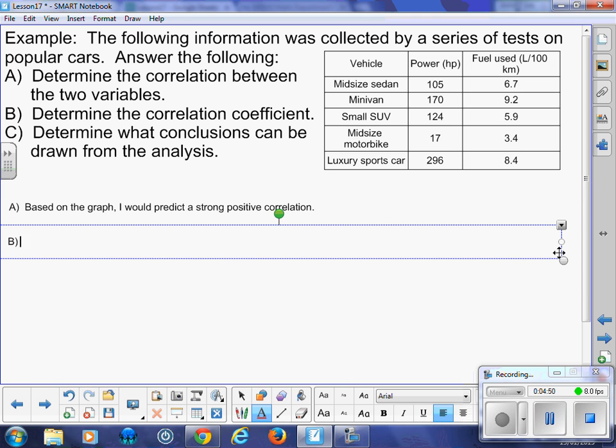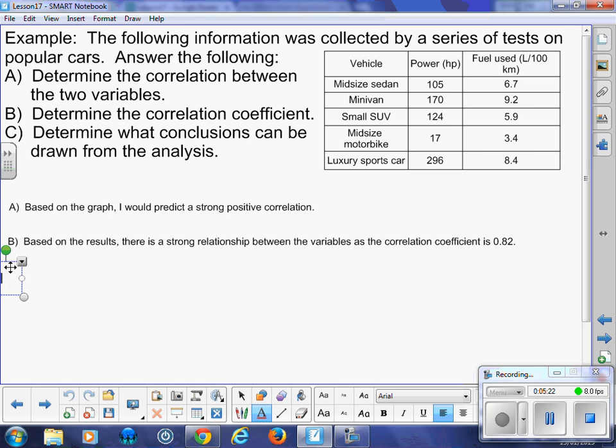So for B, based on the results, there is a strong relationship between the variables as the correlation coefficient is 0.82. Now you have your evidence to show what's involved there.